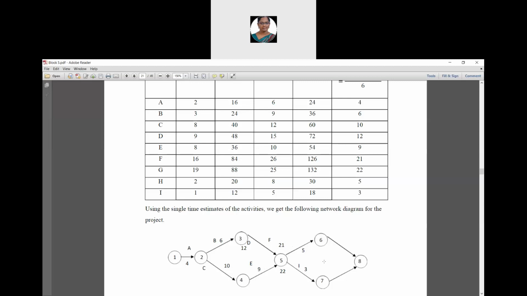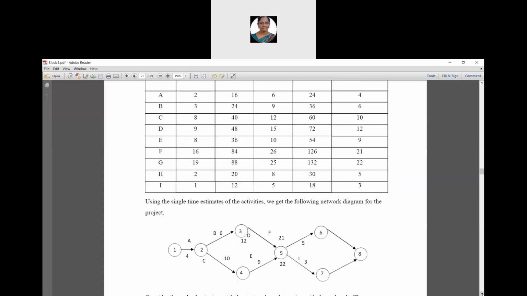Then G has the predecessor F and its corresponding time duration value is 22. And the final node is 8, and it has the predecessor activities H and I and their corresponding time duration values are 5 and 3. So it is a project network diagram.